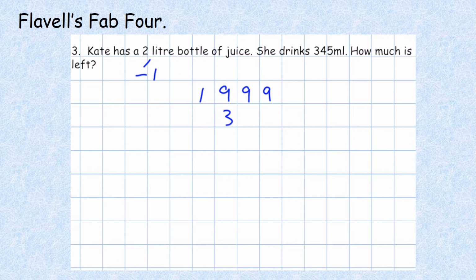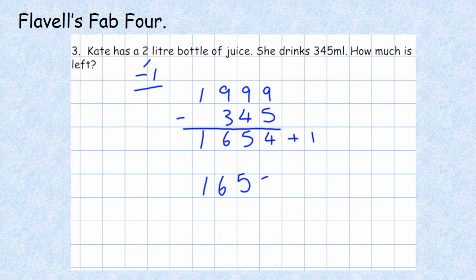So we've got 345 millilitres. Subtract that. Let's take it off. 9 subtract 5 leaves me with 4. 9 subtract 4 leaves me with 5. 9 subtract 3 leaves me with 6. And then we've got the 1. But remember, we took 1 off, so we've got to add 1 back on. So it would be 1,655 millilitres left.